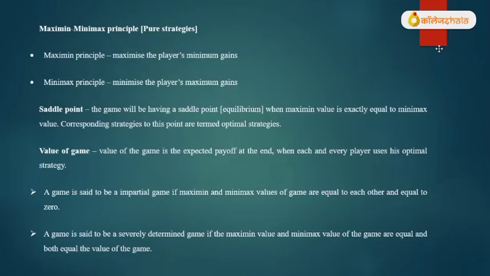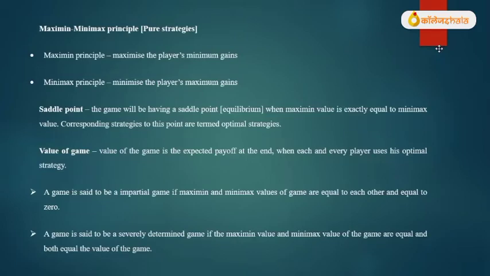In case of pure strategy, now we have the maximin or minimax principle. So what is it? Briefly, I'm telling you. Maximin principle is the players' maximum of minimum gains and minimax principle is the players' minimum of maximum losses. Got it? Now the very important thing is coming, that is the saddle point. What is the saddle point? See, the saddle point is basically the equilibrium. It is when the maximin value is exactly equal to the minimax value in the game.